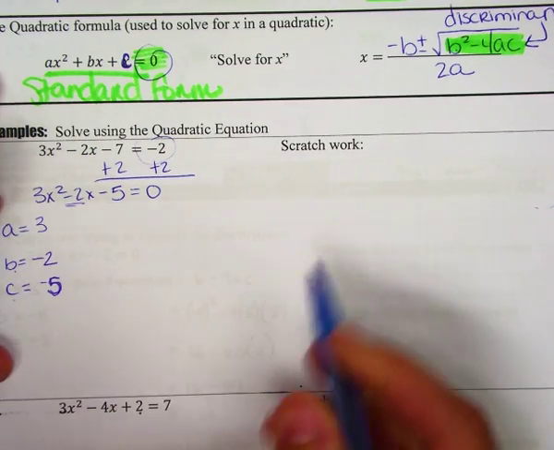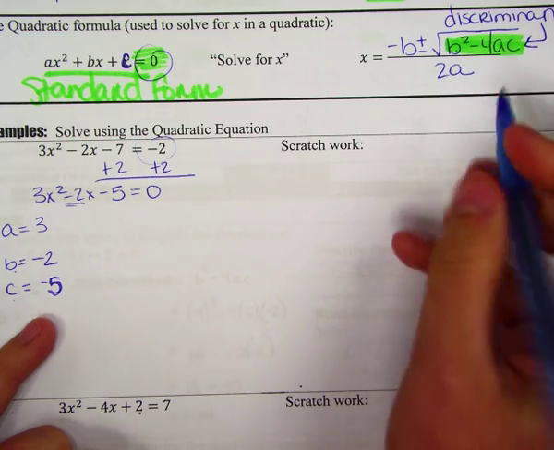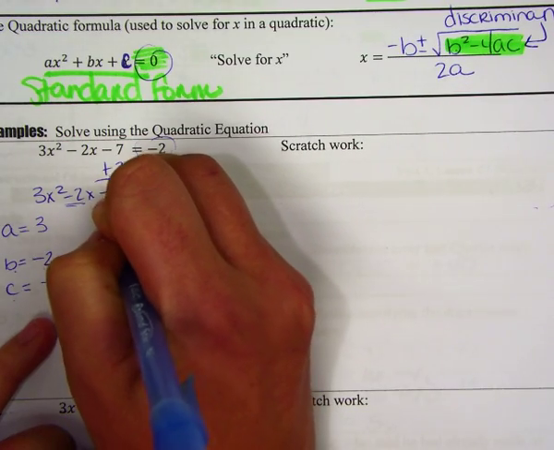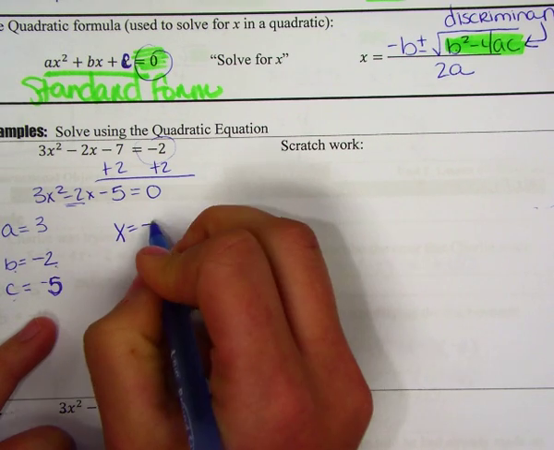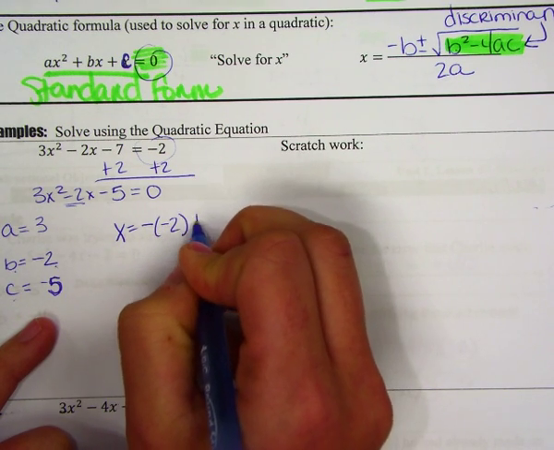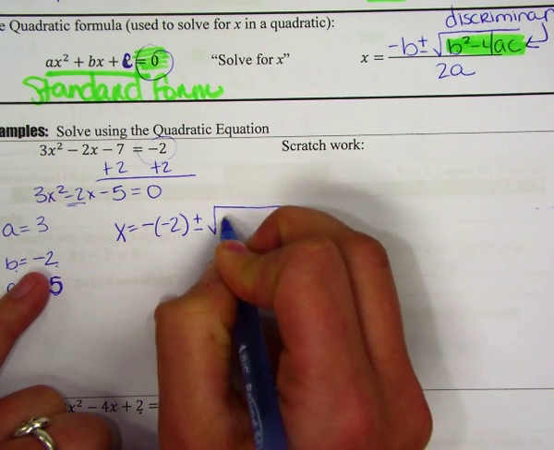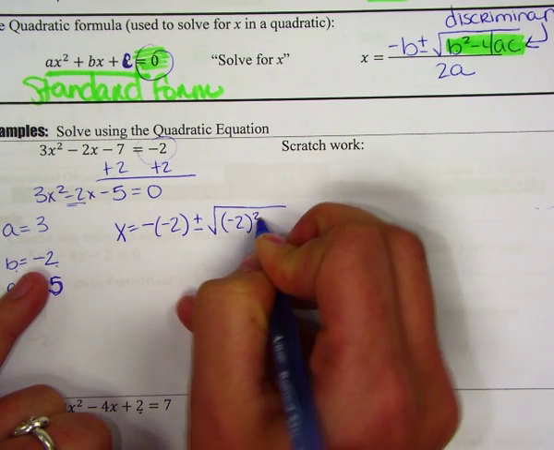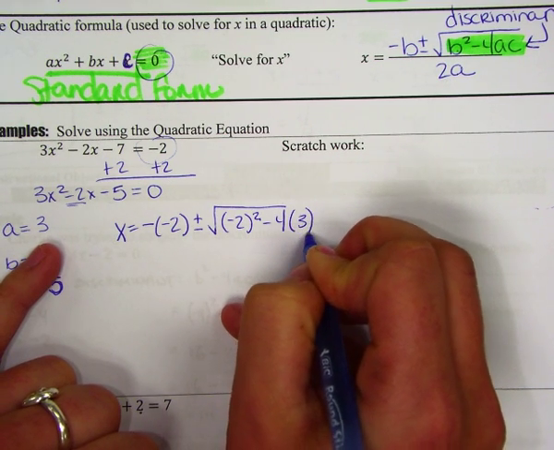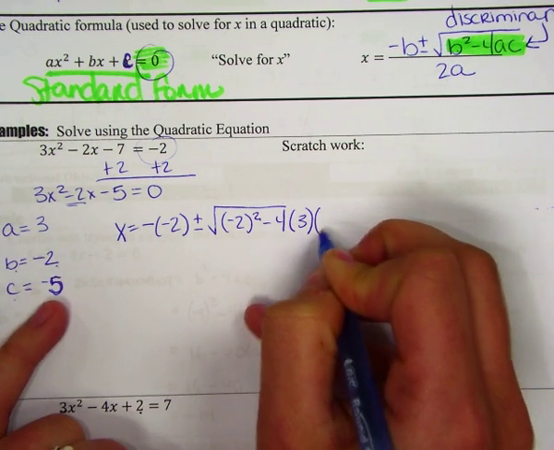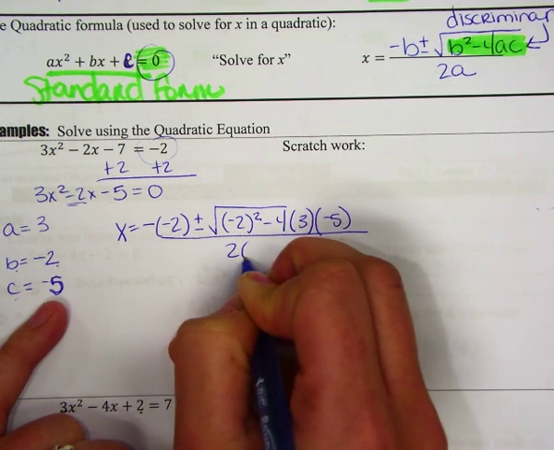Now that I have that, I'm going to substitute these numbers into the quadratic formula. So x equals negative b plus or minus the square root of b squared minus 4ac, all over 2a.